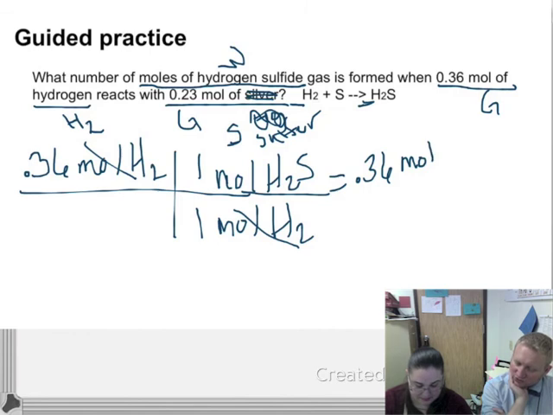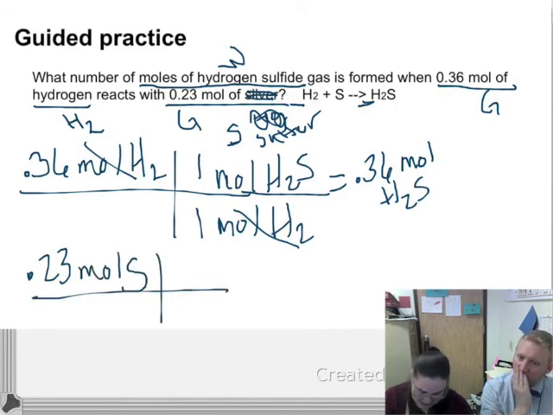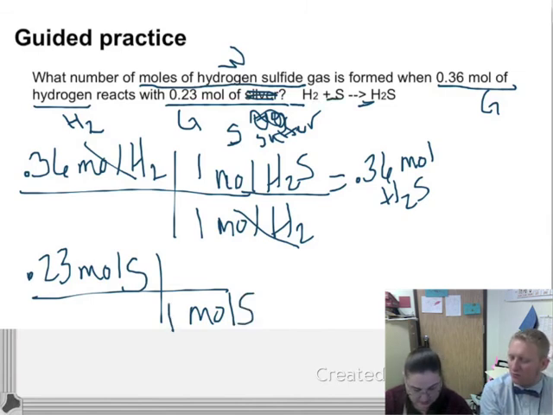And then we have 0.23 moles of sulfur, not silver. Again, I've got moles of sulfur, which has nothing in front of it, so we can just put 1. And we're sticking with 1 mole of H2S, that didn't change.